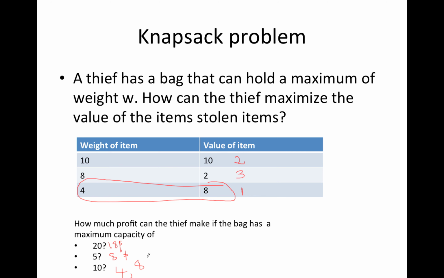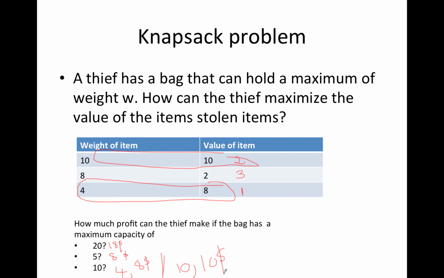would just be $8. However, instead of going with the more intuitive approach of choosing the item with the maximum value for weight ratio, if the thief were just to go with the first item on the list, or the second item in terms of the value to weight ratio, this one here, he would exactly have 10 lbs of stolen goods, which is within his maximum capacity, and his maximum profit would be $10.